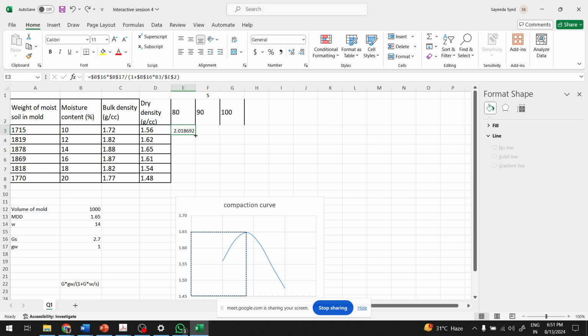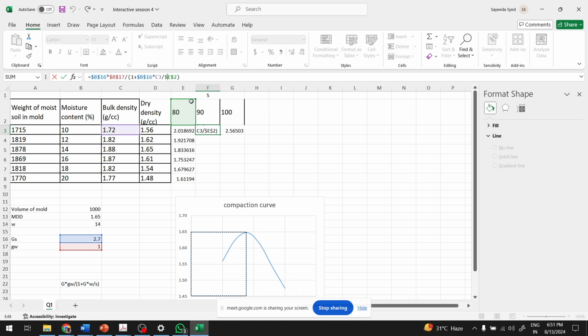Okay, let me bring it here. So these are the values of gamma D for 80% of saturation. Let's do these for 90 and 100%. I just need to change this and this.